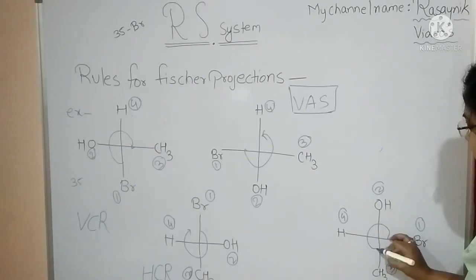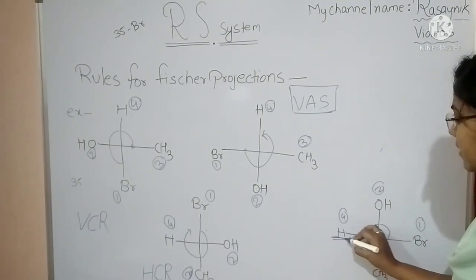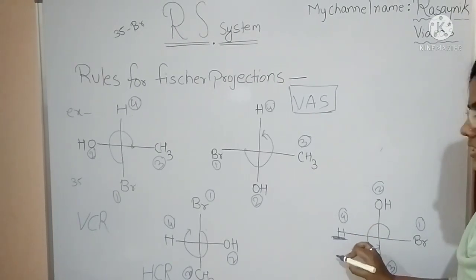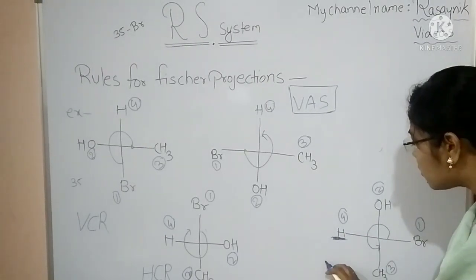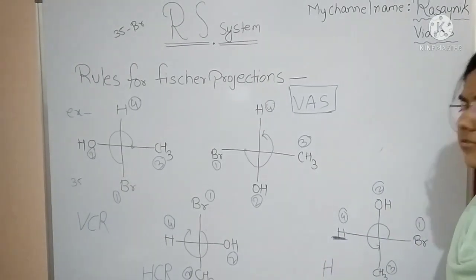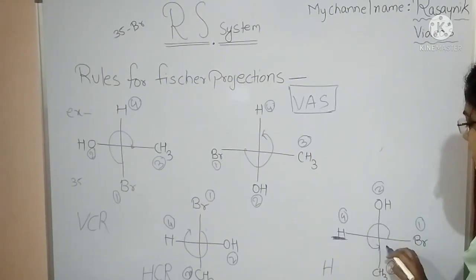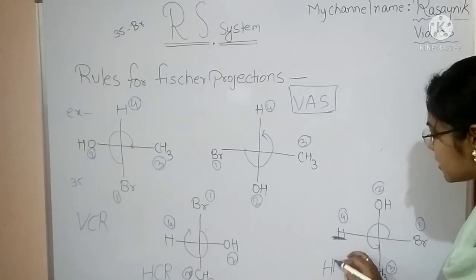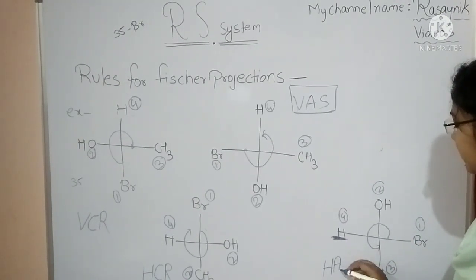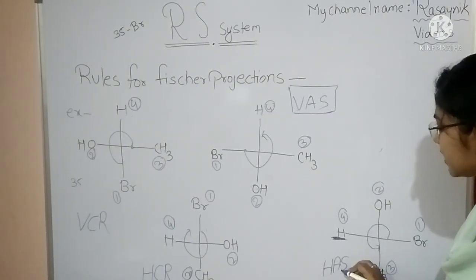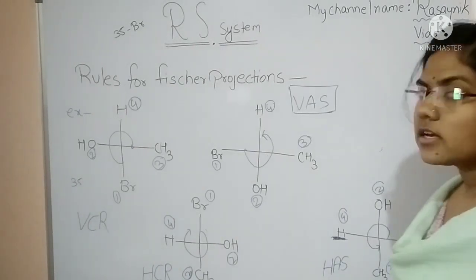First, second, third, in which the least priority group hydrogen is present in the horizontal line, so the first letter will be H for horizontal, which is in anti-clockwise direction A. Then automatically it will become S configuration.